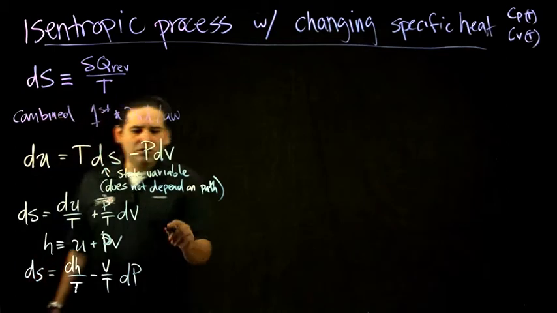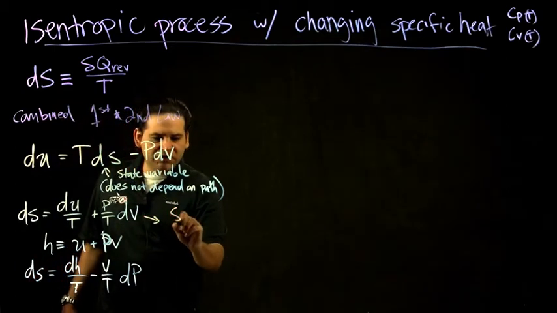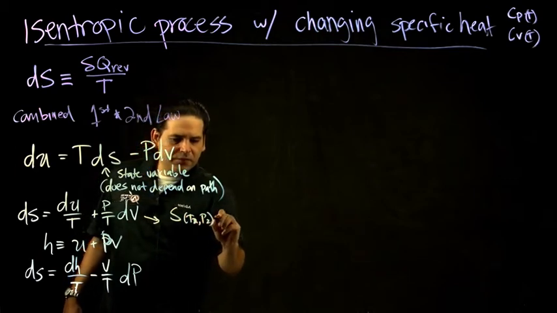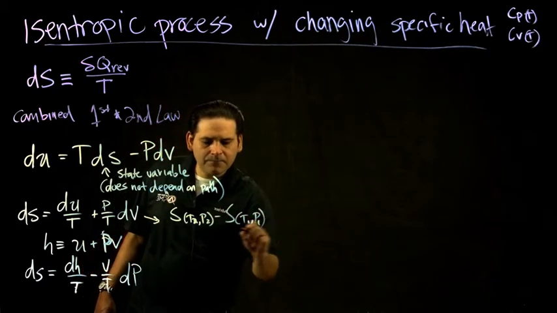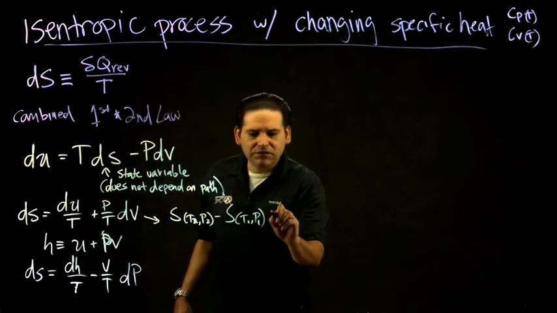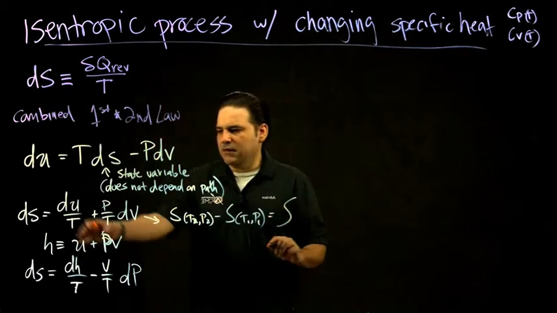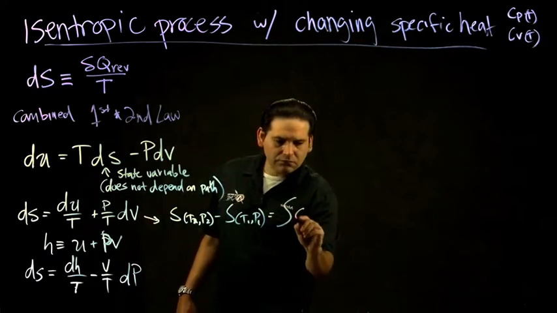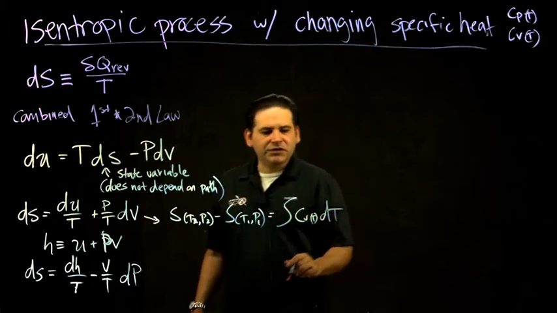So using those, you can say that the change in entropy from one temperature and pressure to another temperature and pressure is related to this change in internal energy, which depends on temperature.